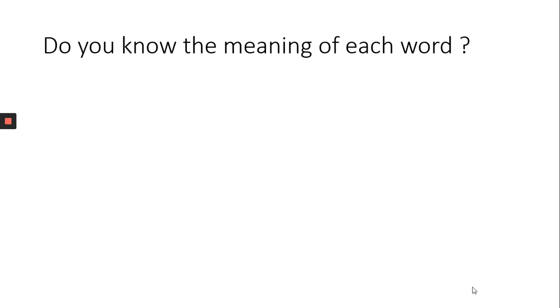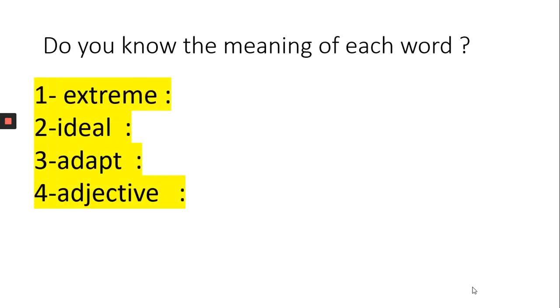First of all, we would like to discuss the meanings of new words for this lesson. Do you know the meaning of the following words? As you see here, first one, extreme, ideal, adapt, and adjectives. Extreme, if we talk about this word, some people like extreme sports.